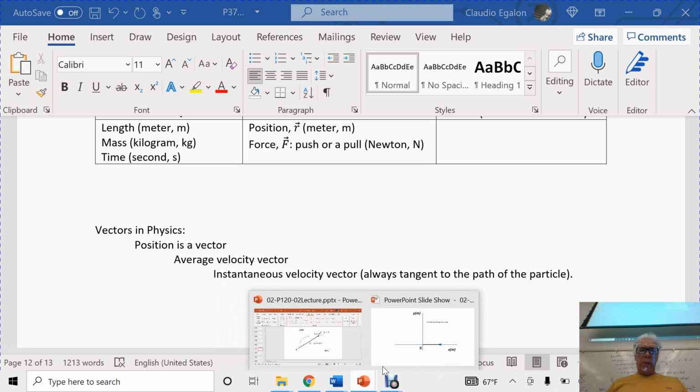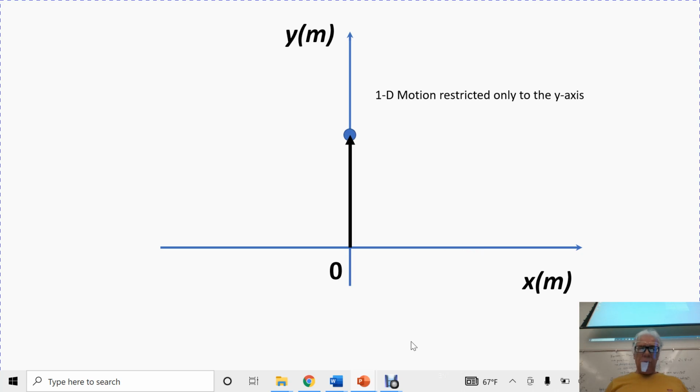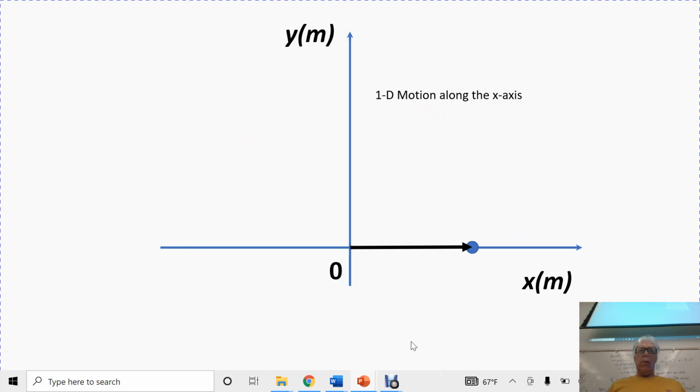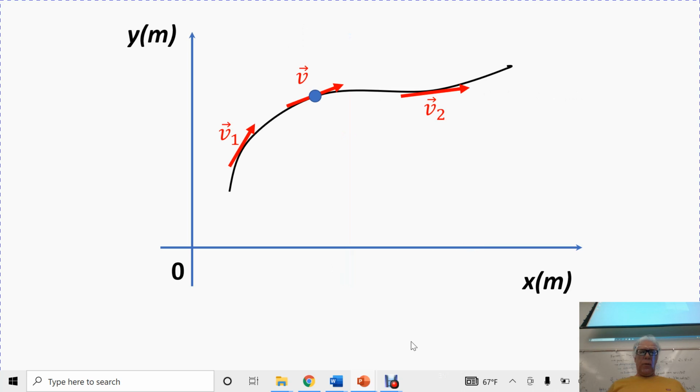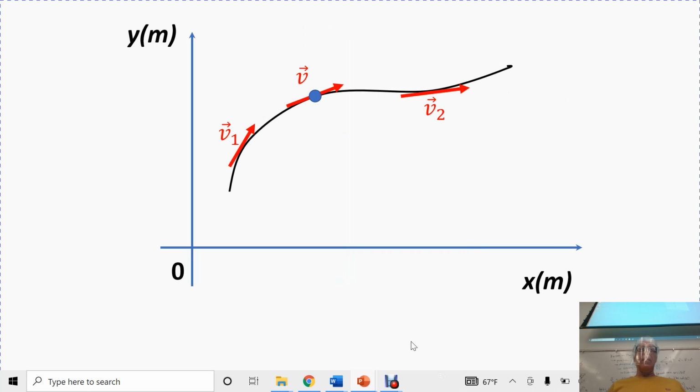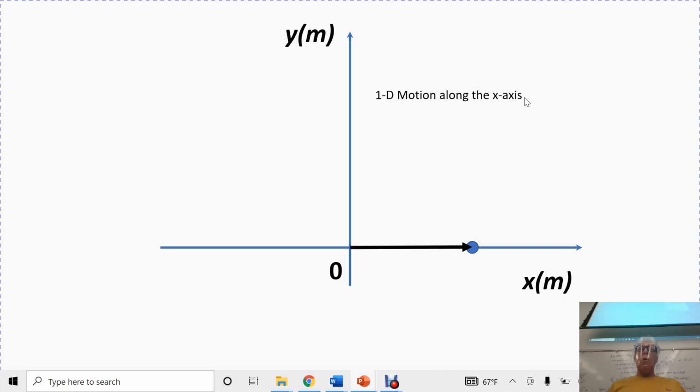Let me see what's going on here. Okay, what am I saying here? I'm saying that a two-dimensional motion, like this one, is nothing more, nothing less than a combination of two independent motions along the x-axis and the y-axis.